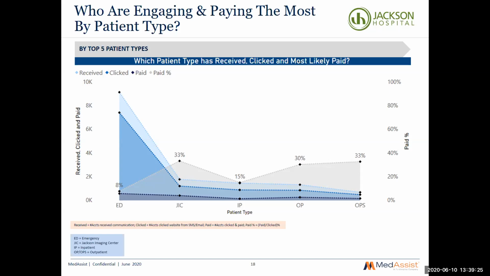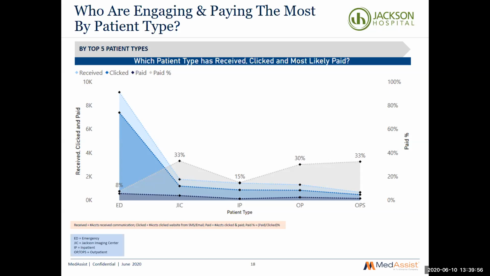People are engaging and clicking through, but they're just not paying, versus the diagnostic center that leads the charge along with outpatient surgery in terms of recoveries. They also have very, very good click-through rates. This is the kind of data that we then provide our customer, that we go back and talk to David and we say, look, this kind of data here suggests that once these patients leave the organization, your chances of collecting diminish dramatically.